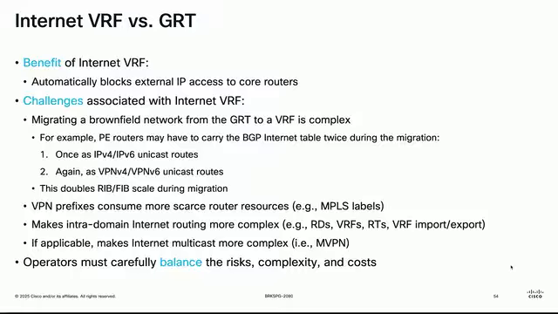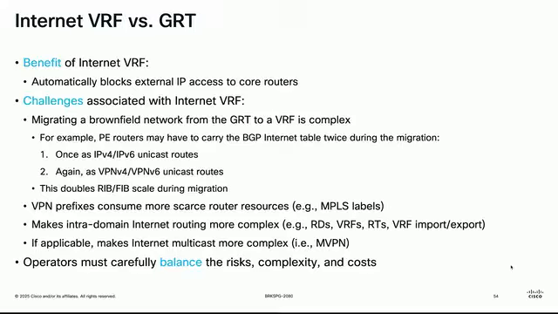Also, VPN prefixes consume more scarce resources, such as the MPLS labels that we just talked about. And now with your internet routes in a VRF, you have to deal with all these classic layer 3 VPN attributes like RDs, RTs, VRF import, et cetera. Just additional complexity.